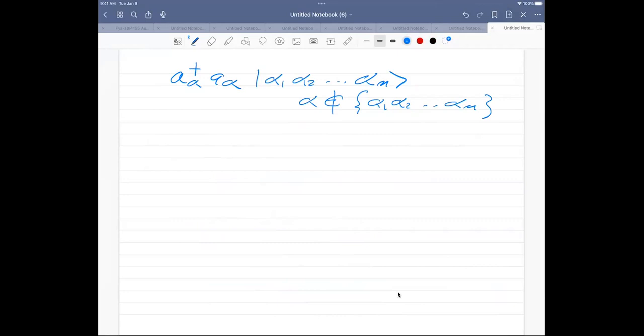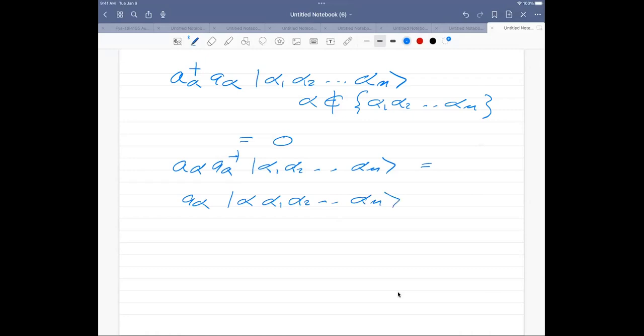That means that in the case of this operation, this gives exactly 0, because there is nothing it can act on. On the other hand, if we keep the same case and look at this operation acting on the same state, alpha 1, alpha 2, up to alpha n, what happens is that we get an A alpha, and then we create a new state alpha, alpha 1, alpha 2, etc., up to alpha n.